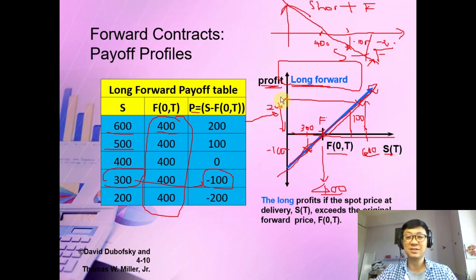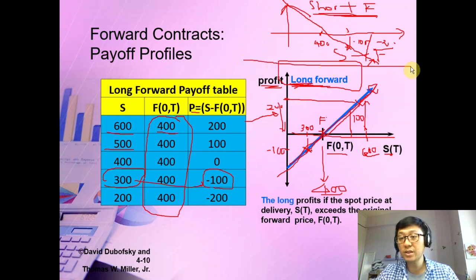I'll try my best to draw a straight line. You'll find that you have a mirror image. Whatever happened to the long forward, the reverse goes to the short forward. So the payoff for a short forward is actually an inverted mirror image.